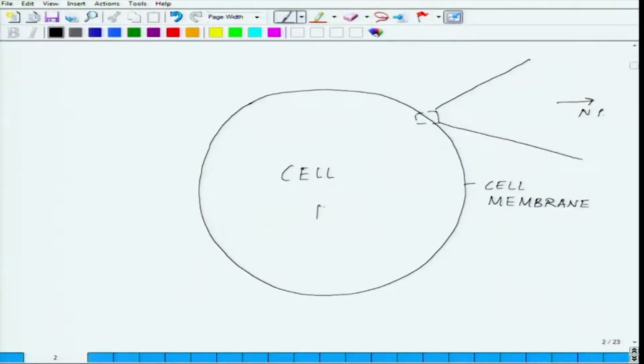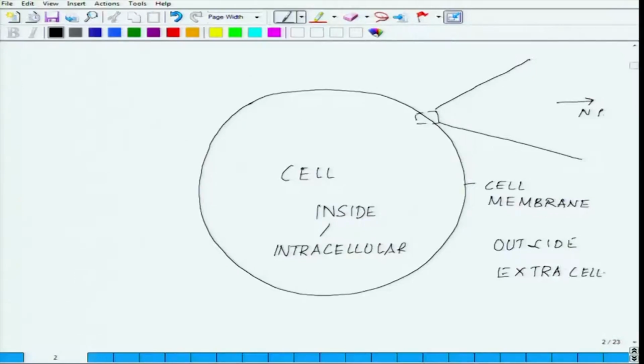So, this is inside, also called intracellular, and this is outside, which is called extracellular.